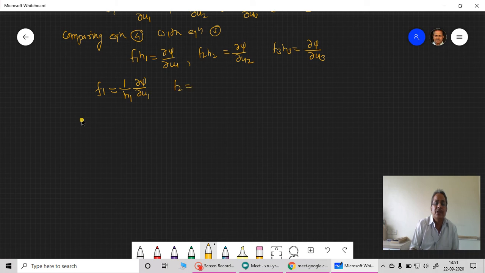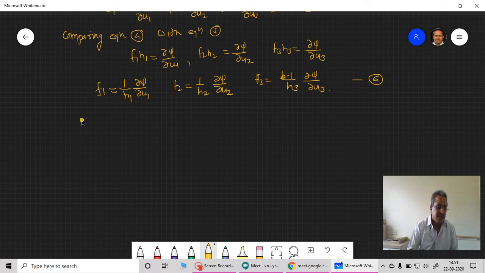Similarly, f2 is 1 upon h2 into ∂ψ/∂u2, and f3 is equal to 1 upon h3 into ∂ψ/∂u3. These are the three components of the gradient of the scalar point function which I have defined there. Call this equation 6.